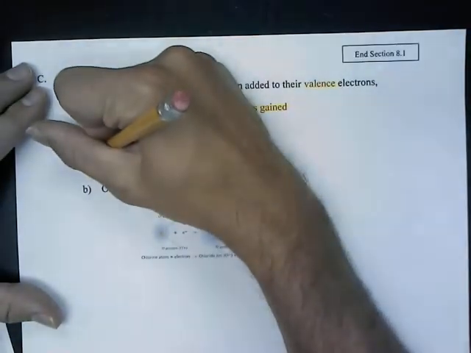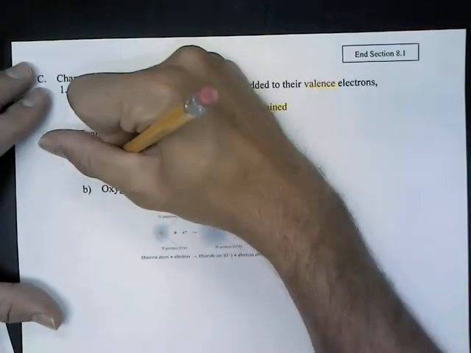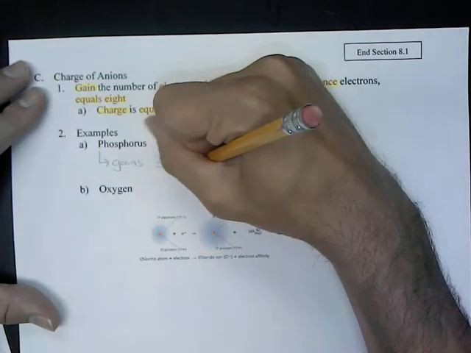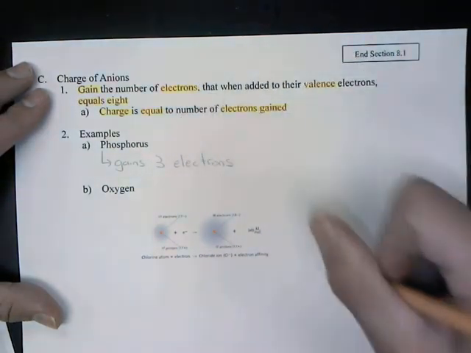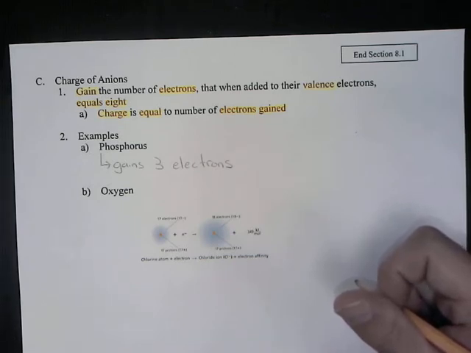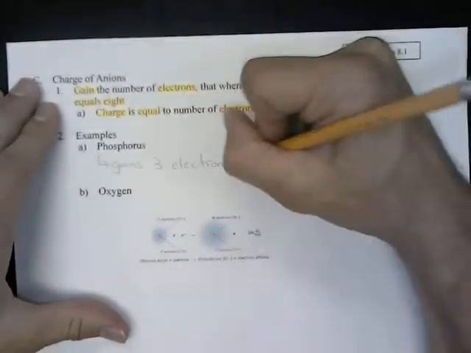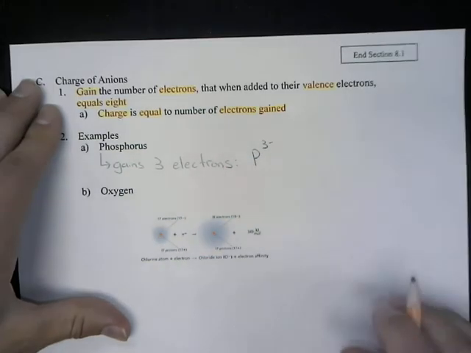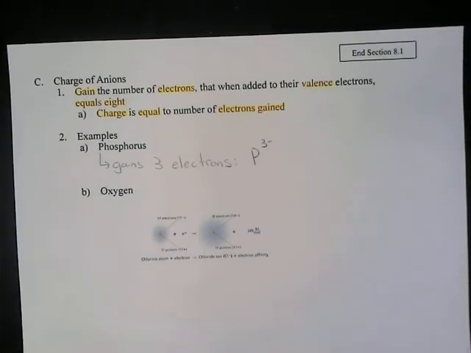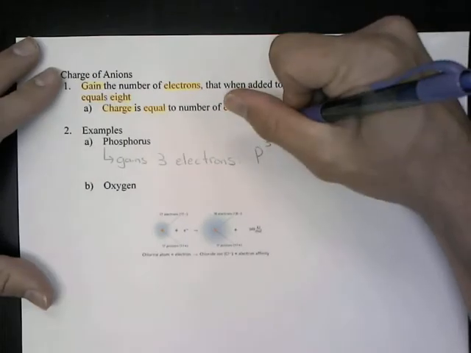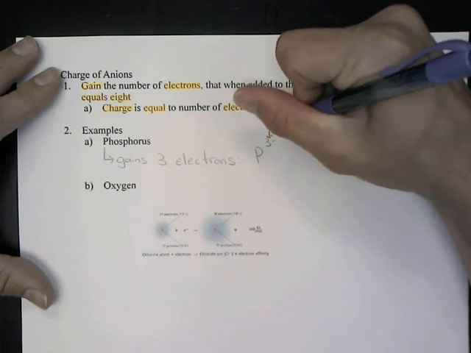So when phosphorus becomes an anion, it gains 3 electrons, becomes negatively charged, and has a 3- charge. So it'd be written as P 3-. And that minus here indicates the charge of the anion. Again, the 3- here is the charge.